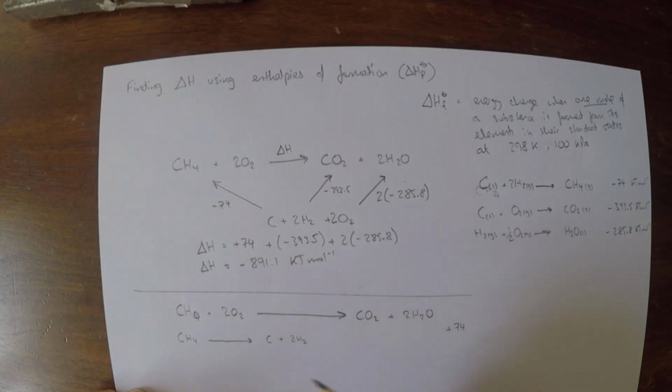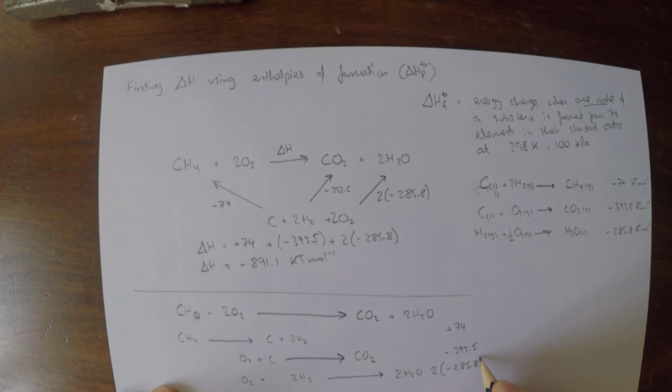For the oxygen, we can ignore that for the moment, but then we have carbon plus oxygen forming carbon dioxide. This is exactly as written, so we don't need to change the sign: minus 393.5 kilojoules per mole for the formation of carbon dioxide. And then we have oxygen plus hydrogen, and we have 2 of them, forming our 2 water molecules, with an energy change of 2 times minus 285.8 kilojoules per mole.